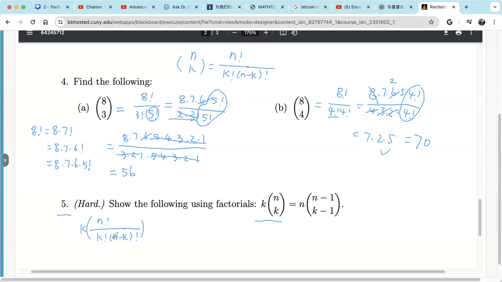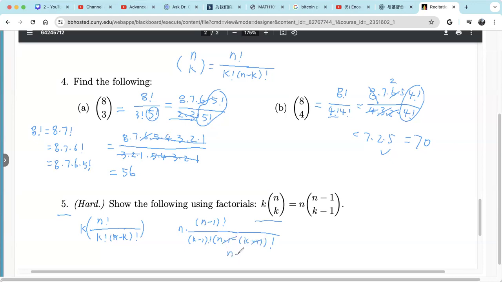So that's the left-hand side: k times n factorial divided by k factorial divided by n minus k factorial. Well, let's see the right-hand side. On the right-hand side, we have n times n minus 1 factorial divided by k minus 1 factorial, then divided by n minus 1 minus k minus 1 factorial. n minus 1 minus k minus 1 becomes n minus k, plus 1 and minus 1 cancel.